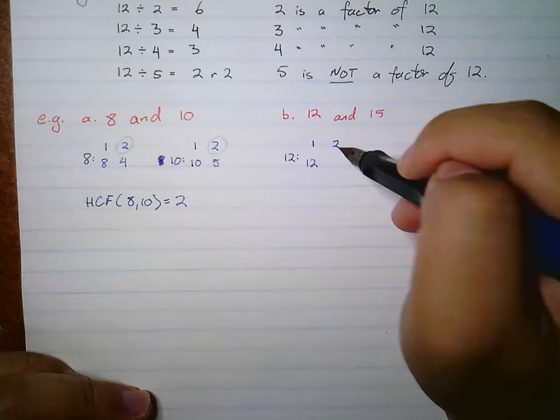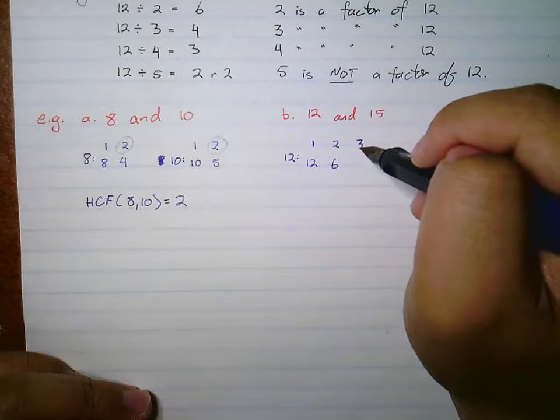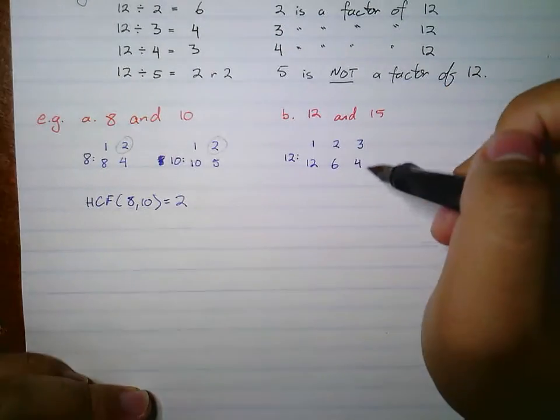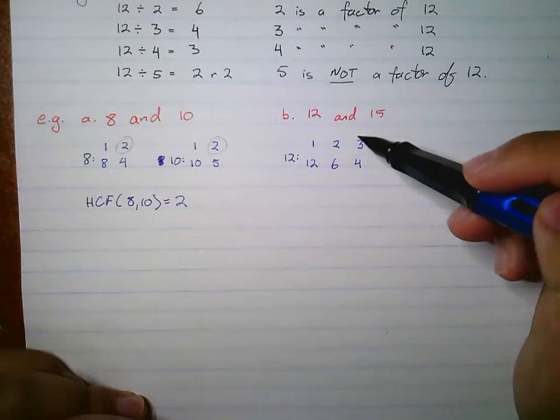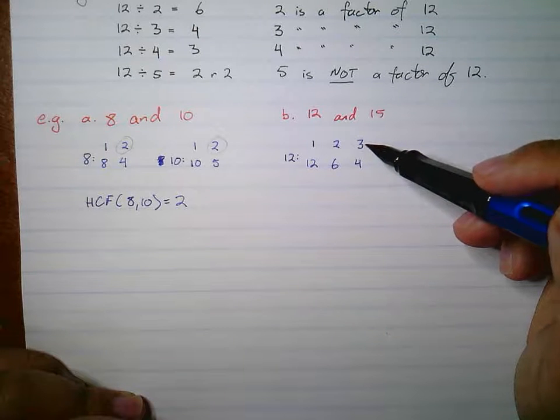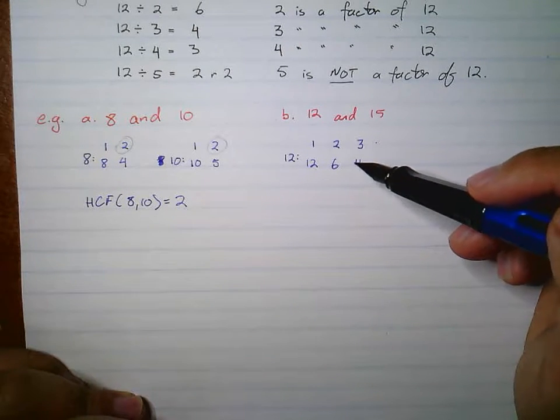We have 2 and 6, and we have 3 and 4. The reason why I do this order is because you can already see that they're starting to merge into 1. The next number here is 4, but we already have 4, right?